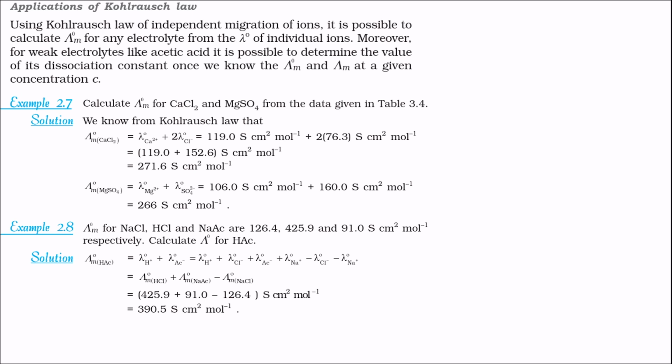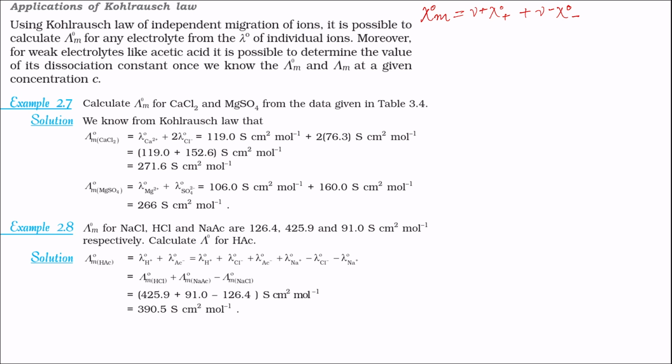And the formula is limiting molar conductivity of a weak electrolyte is equal to number of cations multiplied by limiting molar conductivity of cation plus number of anions multiplied by limiting molar conductivity of anion. This is one application of Kohlrausch law.